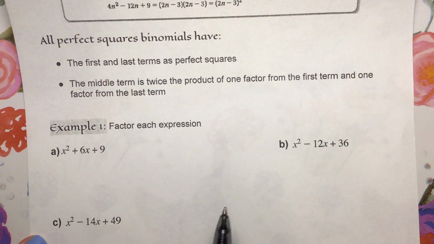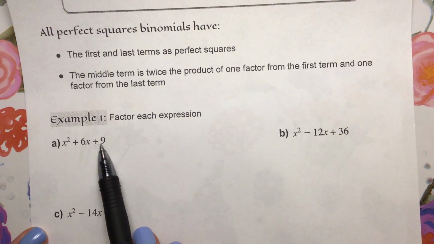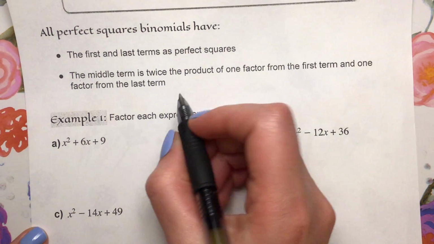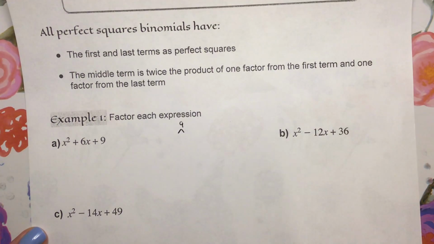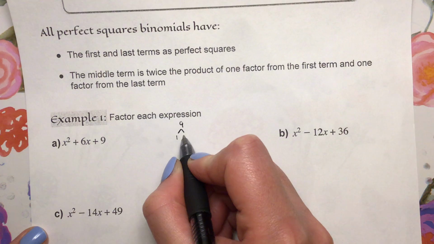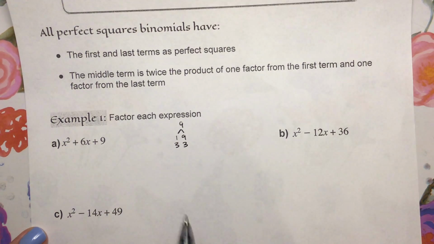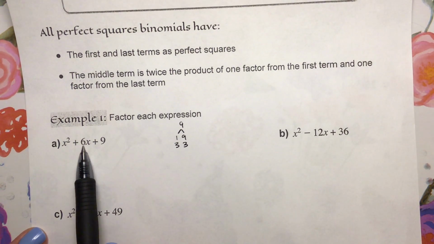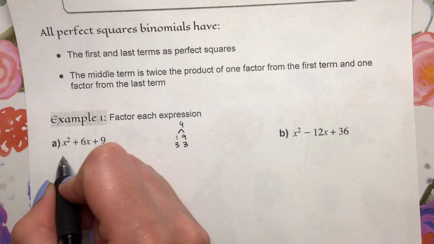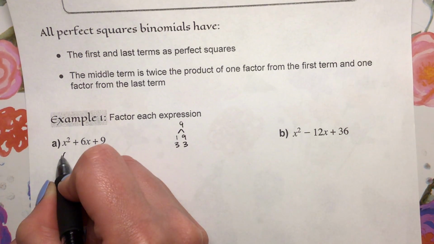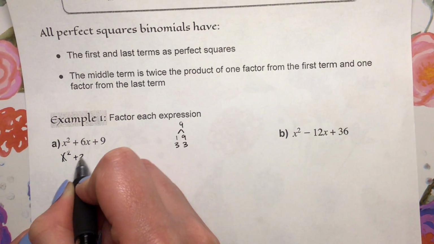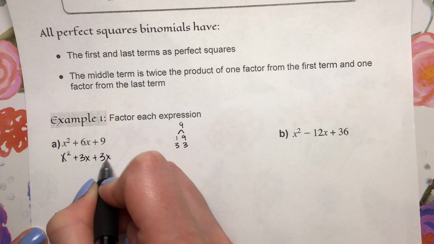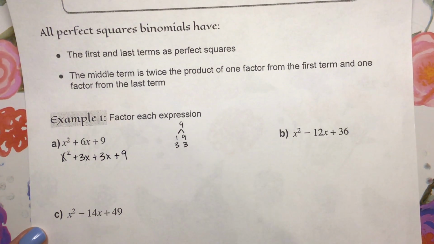So this is going to be a bit quicker, where I'm looking for things that multiply to 9 but add to the middle. So some things that multiply to 9 are 1 and 9, or 3 and 3. Well, 3 and 3 add to 6. So I'm just going to rewrite this as x squared plus 3x plus 3x plus 9.